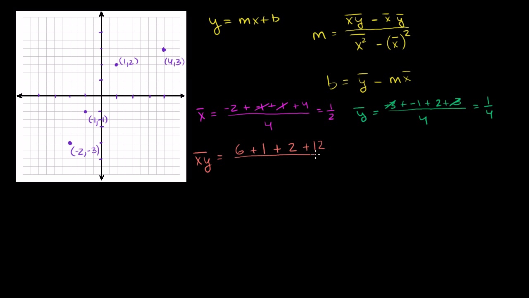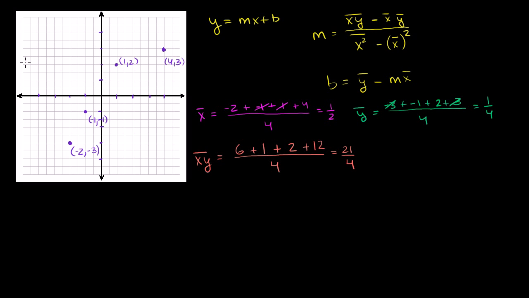And we have 4 of these points. 6 plus 1 is 7, 7 plus 2 is 9, 9 plus 12 is 21, over 4. Did I do that right? Yep, 21 over 4.